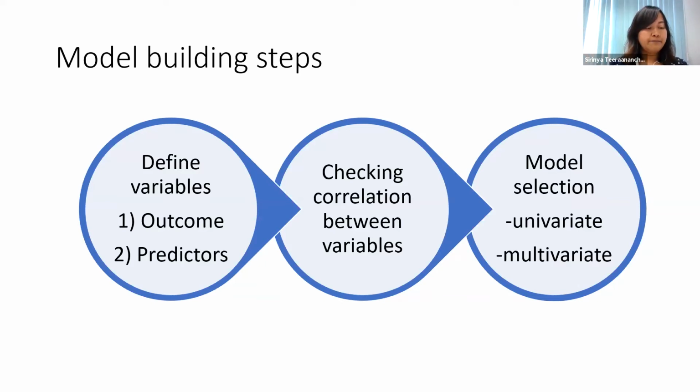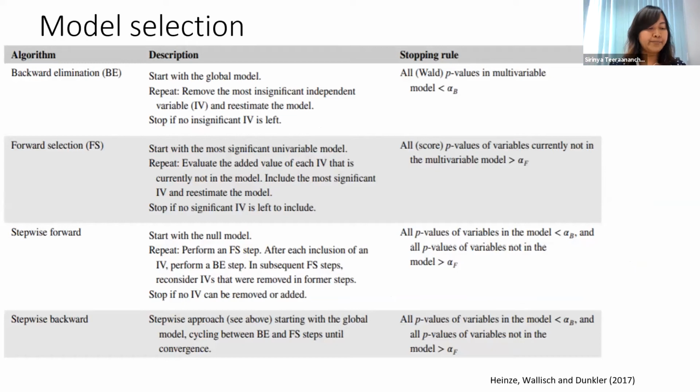And the next slide, following the last step, there are some commonly used approaches for model selection, which most of you already know about. I will not go into the detail, but from this slide, we have 4 methods that we already know. The first one is backward elimination.